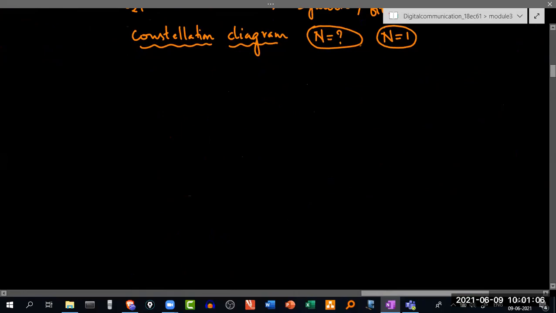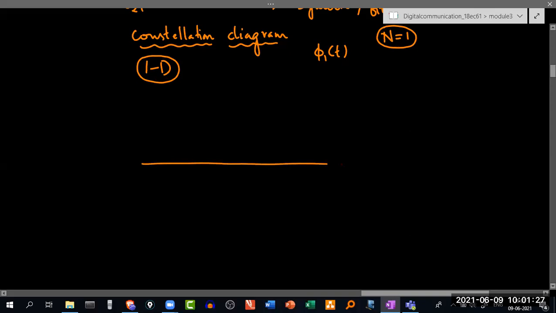Because n value over here is equal to 1, this means I'm having only one basis function, phi 1 of t. So right now, let's be in 1D. Because n value is equal to 1, we'll be in a single dimension.